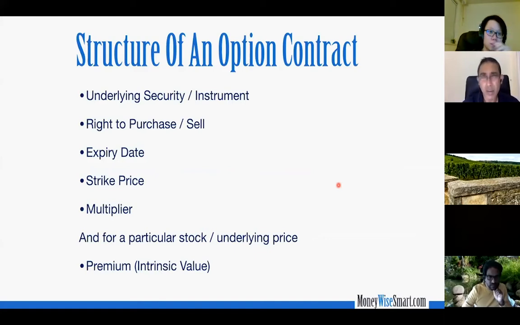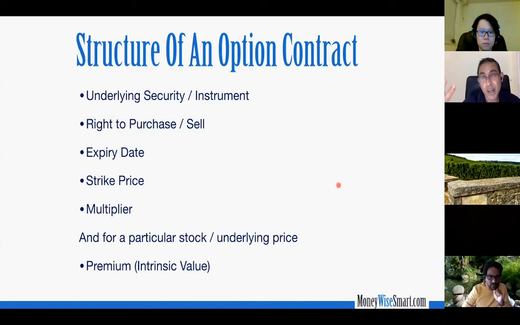We mostly deal with stock options, but there can be options on futures, and options on currencies. Then all options come with a right to either purchase or sell. The right to purchase is a call option and the right to sell is a put option, which we are going to discuss today. All options come with an expiry date.